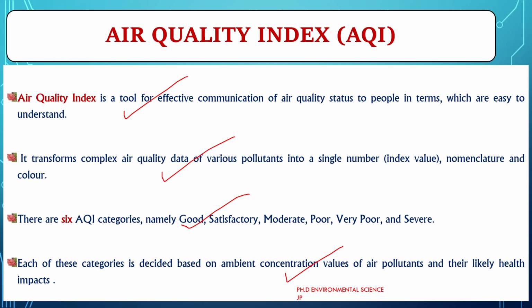This helps individuals and communities to understand the health implications of the air quality in their area. By using the AQI, authorities can provide timely information to the public, enabling them to take necessary precautions to protect their health during the periods of poor air quality.